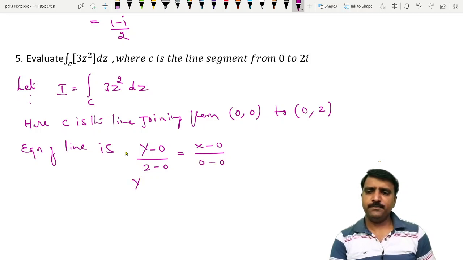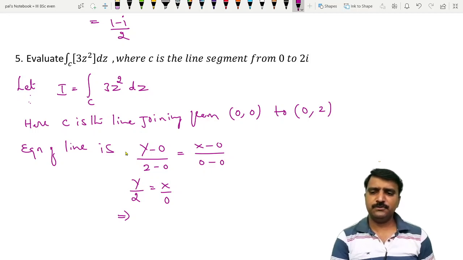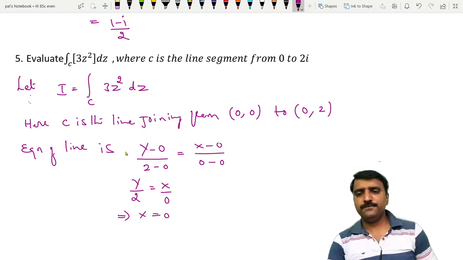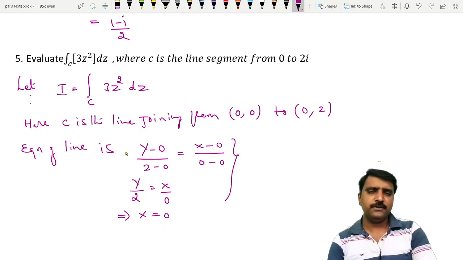So y by 2 is equal to x by 0, which implies that if you take cross multiplication, this becomes 0, and 2x is equal to 0, which implies that x is equal to 0.